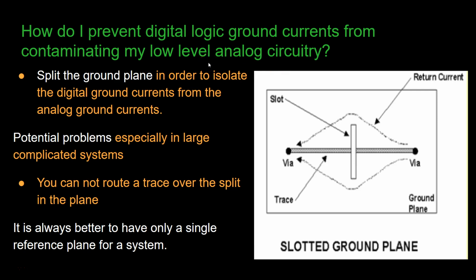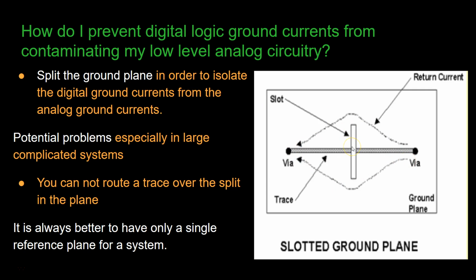So for that, one of the solutions is that you can split the ground plane. Here you can see a slot is given. This is your PCB, and a slot is basically given to avoid this kind of problem. A via is attached over here, and these are the return current paths.